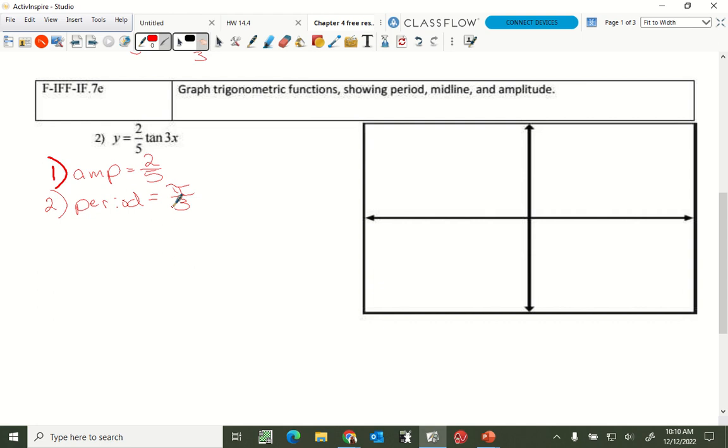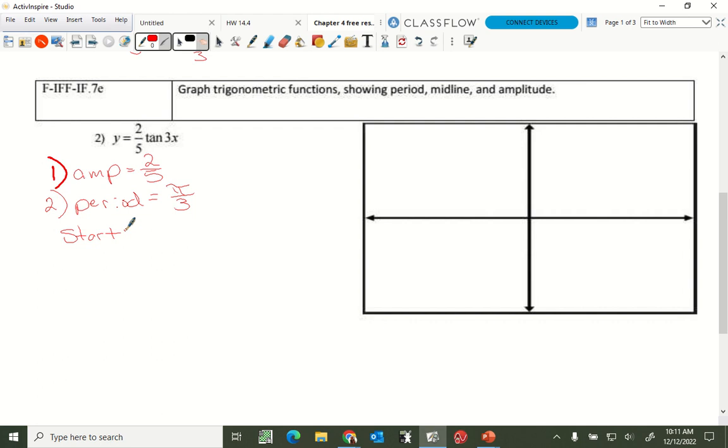And tangent and cotangent have starts and ends. So where is the start for tangent? Anyone recall, what's the start on tangent? Negative pi over 2, right?